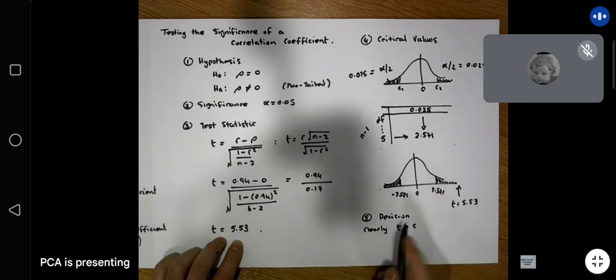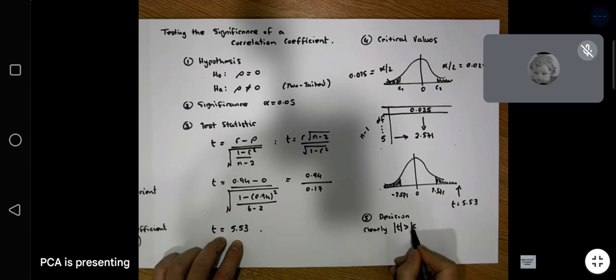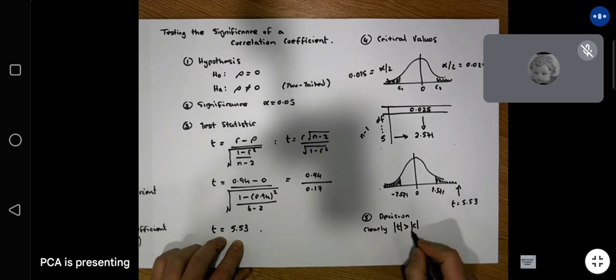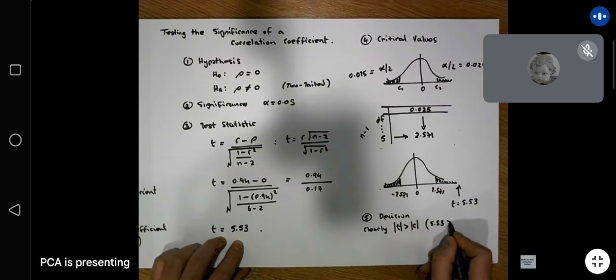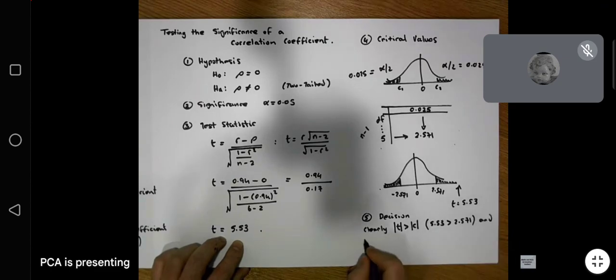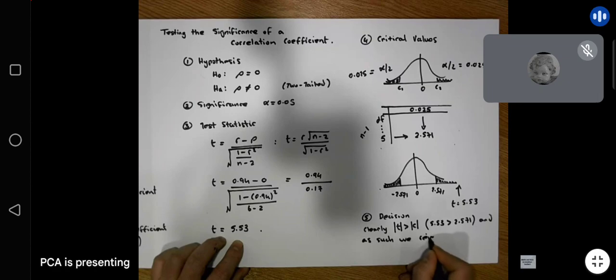It's a two-tailed test, so let's just say the absolute value of t value is bigger than the absolute value of the critical value. And what we mean by that is 5.53 is bigger than 2.571. And as such, we reject H0 in favor of HA at the 5% significance level.